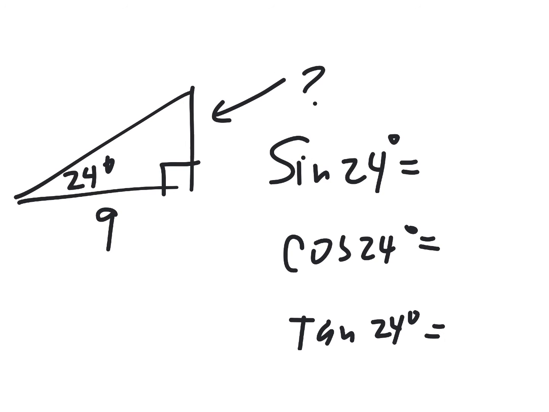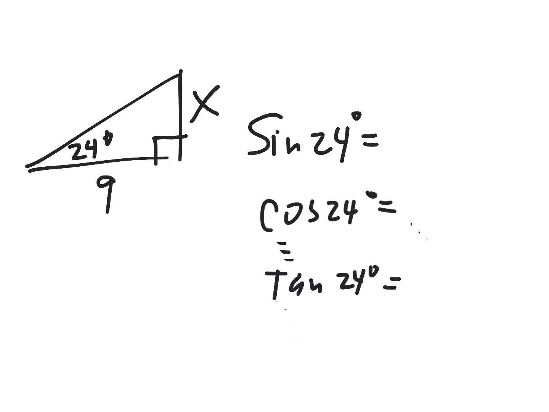Now this last side, I do think it's better to pick a letter like A, B, or C, but if you called it H, that would make some sense. It's the height of the triangle. I get H can also be hypotenuse though, so that could have been confusing. You could have said it was X. I don't care. I'm going to use X this time just to show I'm not fixed on A, B, and C. It doesn't have to be that.